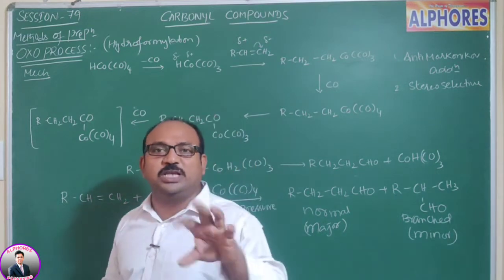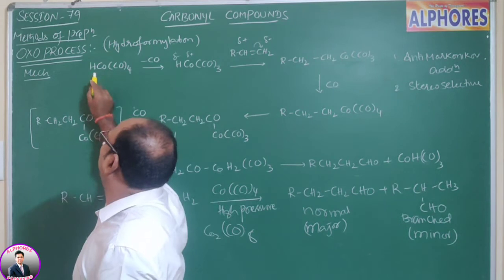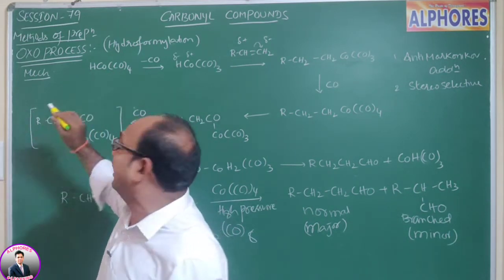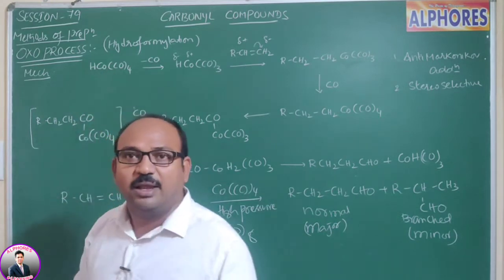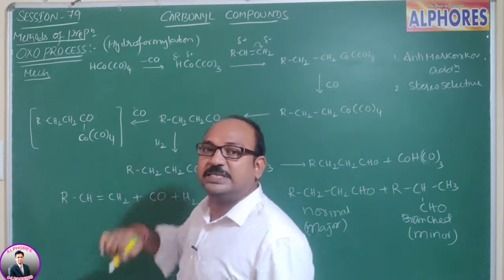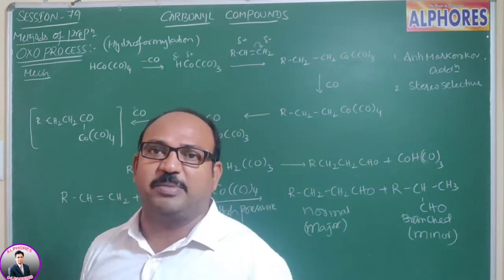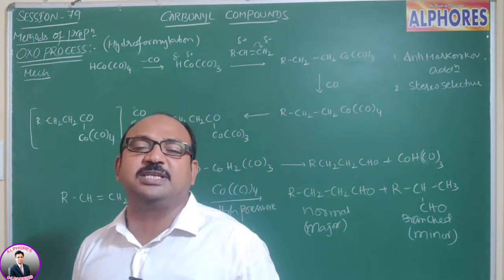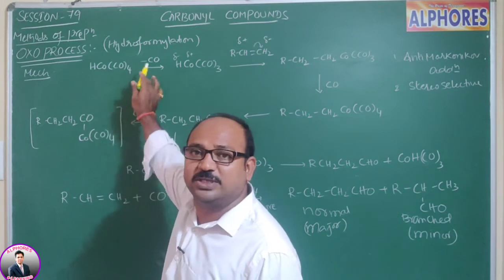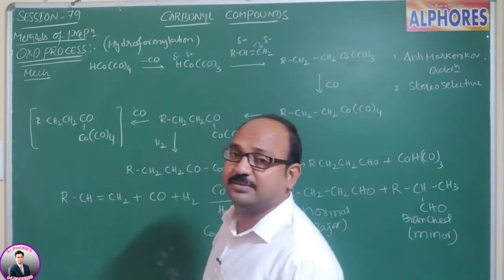Here the total number of electrons is 18. By losing one carbon monoxide, it converts into a 16 electron species. So HCo(CO)4, by losing carbon monoxide, converts into HCo(CO)3.